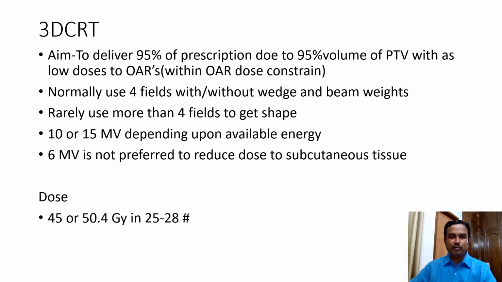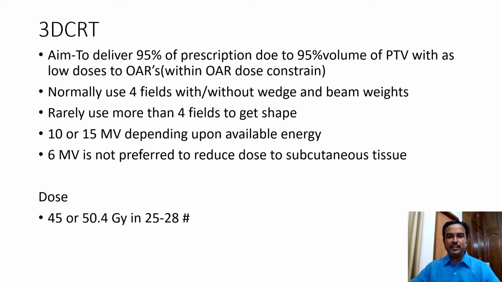Let us move to the aim of our 3D CRT. Like any other radiotherapy treatment planning, the aim of the 3D CRT is to give maximum dose to the target and minimum dose to the OAR. As I told you, mostly for a pelvis patient, the gold standard is the box technique, where we will be very rarely using more than 4 fields in case of 3D CRT.